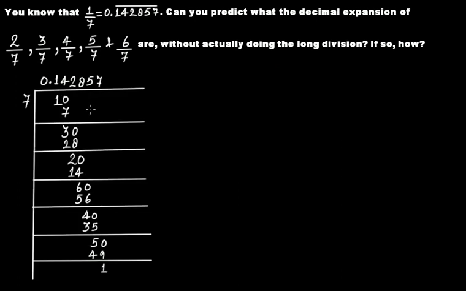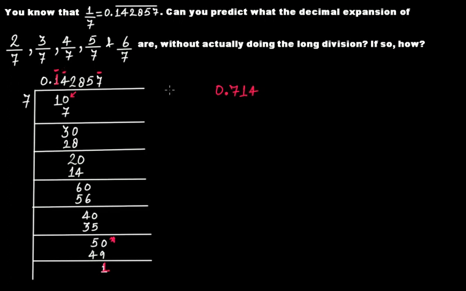So this is now for 5 by 7. In the case of 5 by 7, you are actually here. So you write 5, divide by 7, you put 0, so 0 point, because you are putting 0. 7 times 7 is 49, you get 1. Now if you notice this division of 1 by 7, now you are actually here. So next time you'll put what? 7 times 1, then you get 3, then 0, 7 times 4.